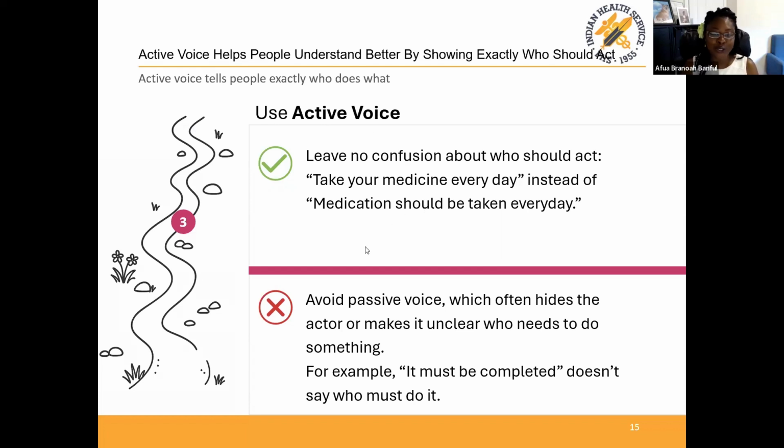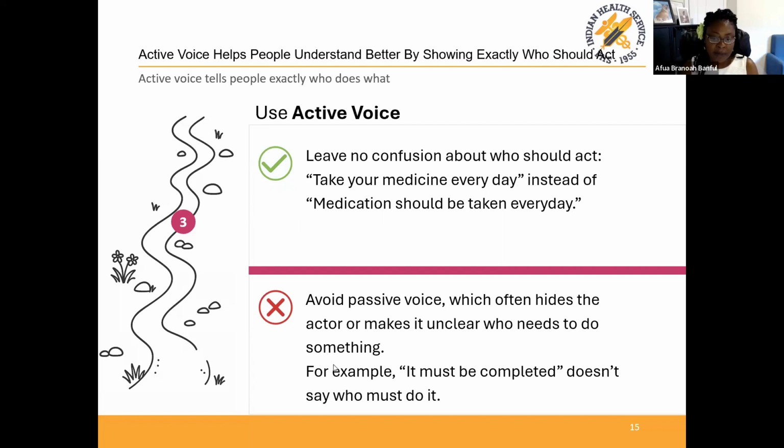I decided not to use those definitions and just say it's speaking in a way that leaves no confusion, right? Take your medicine every day instead of medication should be taken every day. And active voice is just saying who does what and when, right? Passive voice is where the actor is unclear or who needs to do what is unclear.